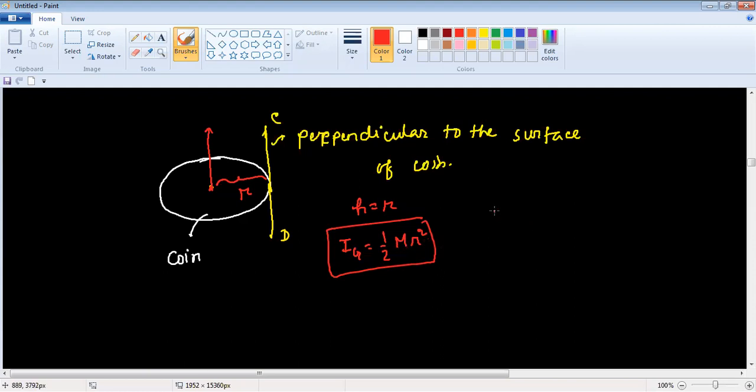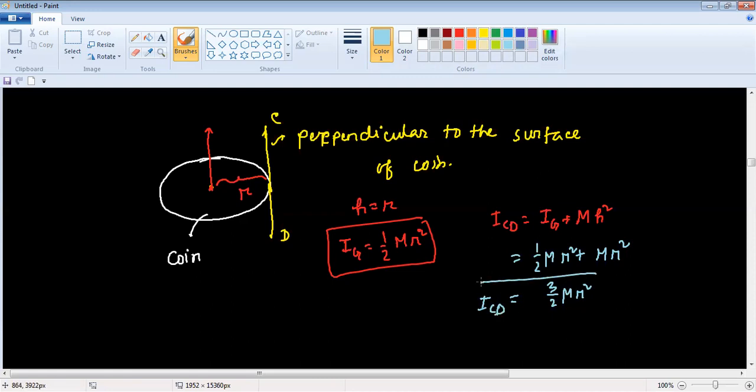Then ICD equals Ig plus m h square, which we have already proved. So Ig equals half m r square, plus m r square. We can write this as 3 by 2 m r square. So ICD equals 3 by 2 m r square.